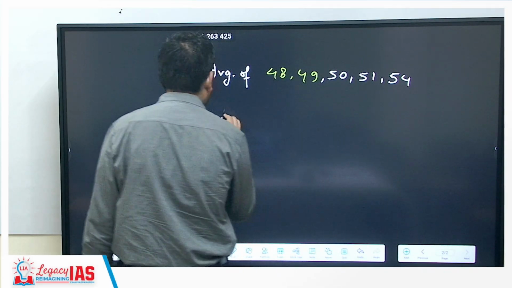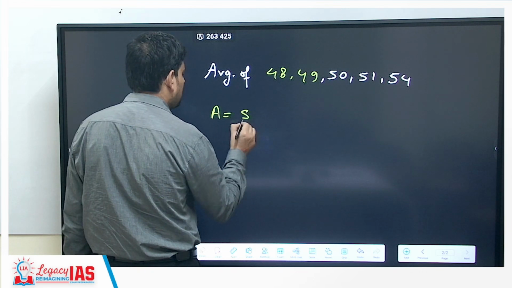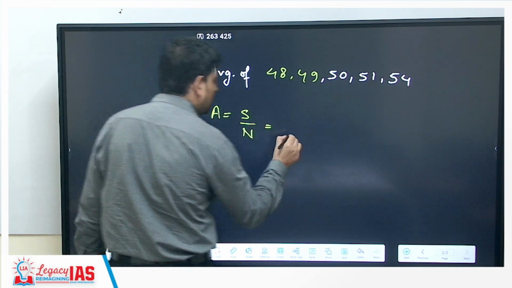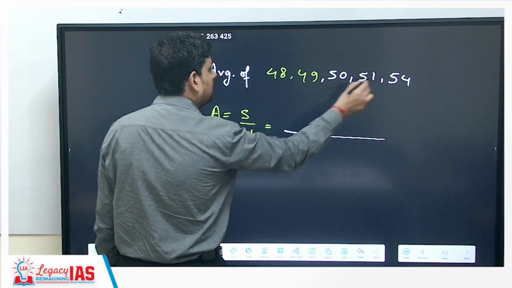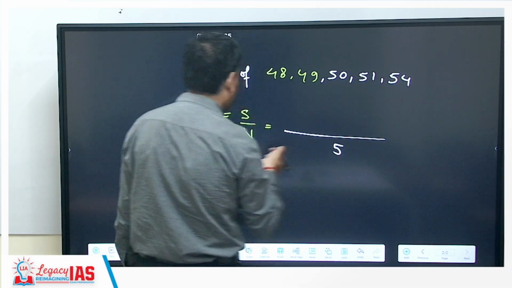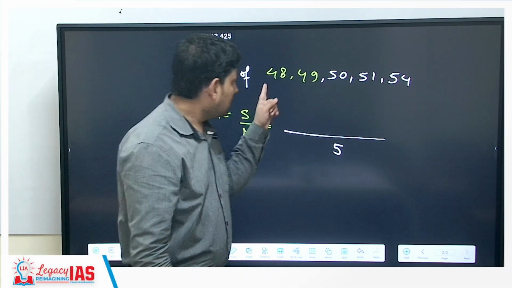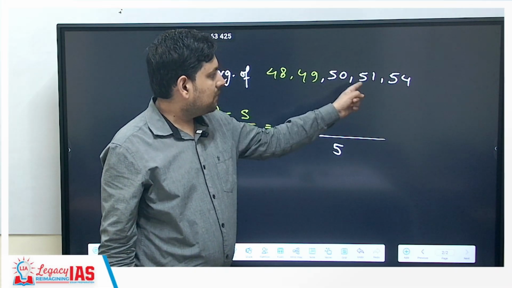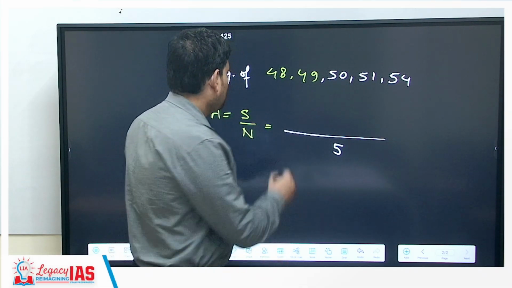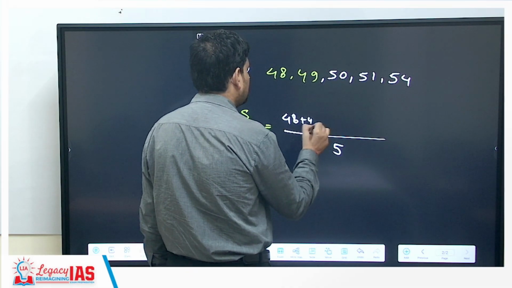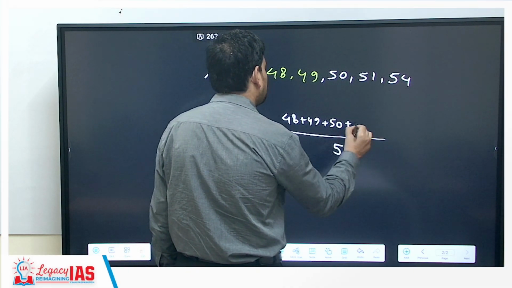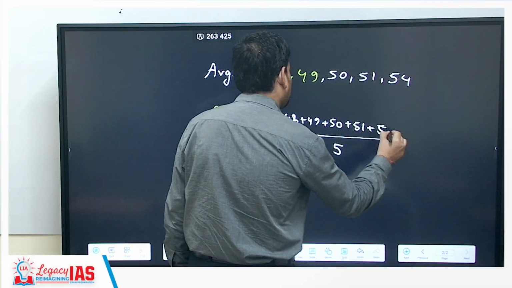As the formula says, average is equal to sum upon number. What is the total number of them? 1, 2, 3, 4, 5. So divided by 5. Now what is the sum? The sum is 48 plus 49 plus 50 plus 51 plus 54.